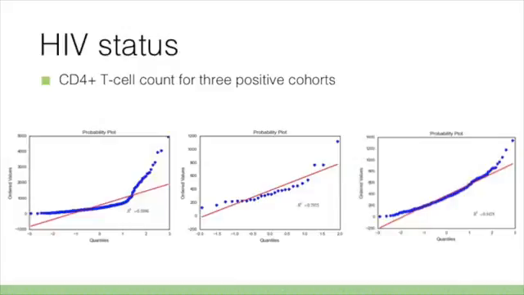So if we look at the population, the CD4 count, the population from which these individuals were taken, clearly these values are not from a normal distribution. And what does that tell us? Well, we can clearly see it visually here because these blue dots do not follow these red lines too well. And if we want to compare these 3 sets of values, we really cannot make use of a parametric test.